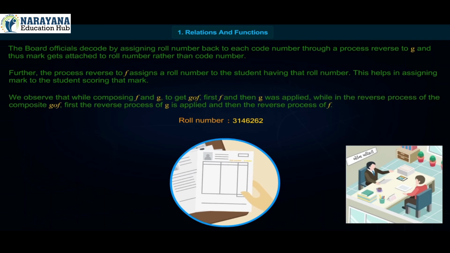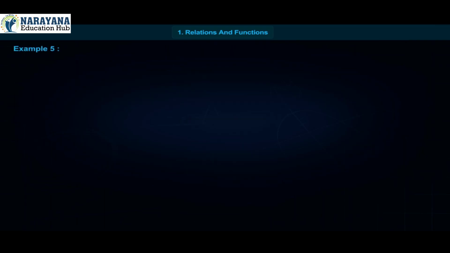We observe that while composing F and G to get GOF, first F and then G was applied, while in the reverse process of the composite GOF, first the reverse process of G is applied and then the reverse process of F. Example 5.